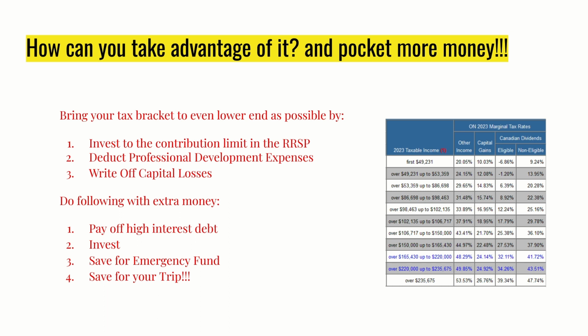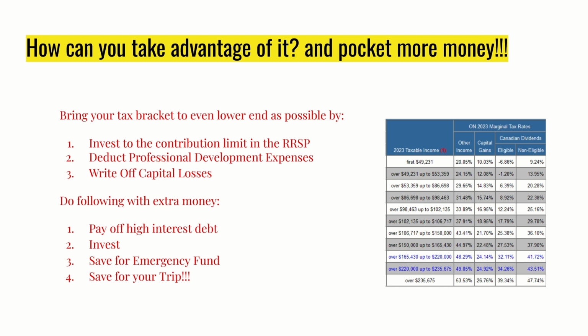But on top of it, you can also further use some of these ways, like investing in RRSP, or, if you are in Canada, depending upon your profession. Let's say I'm an engineer. If I have to get some certification, I can claim those expenses against my tax.